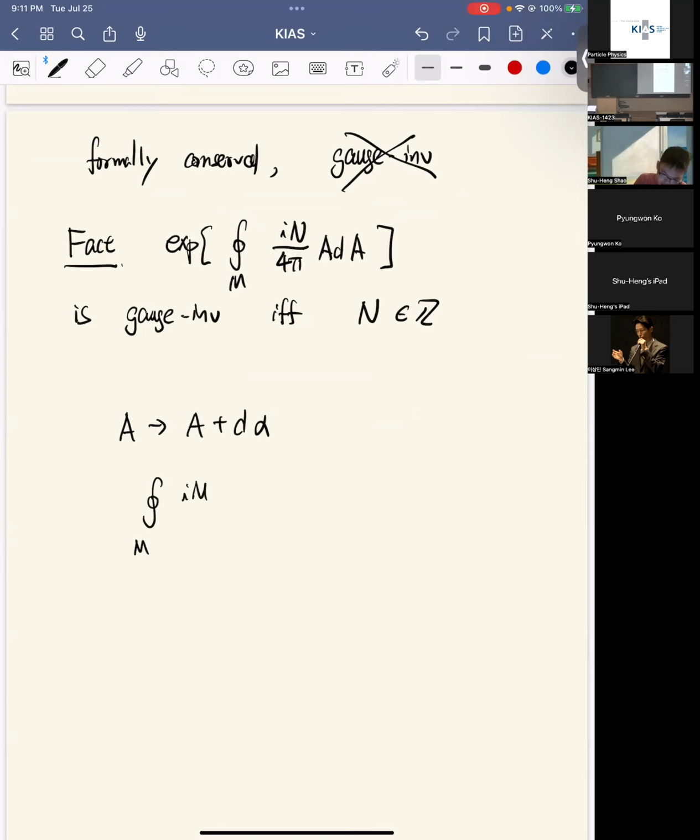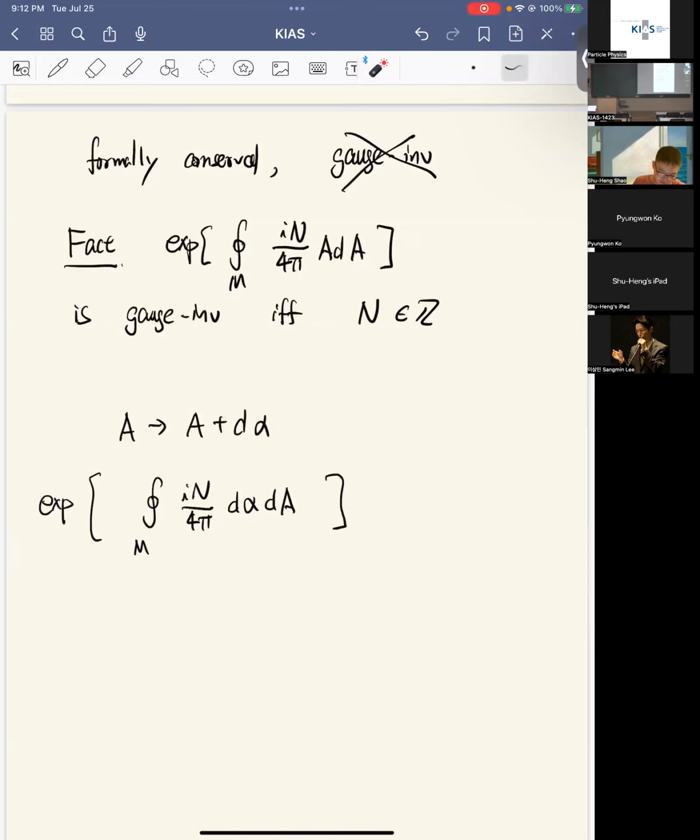Yes, I'm writing it down as you speak. And then we can use Stokes' theorem, and this can be rewritten as some surface integral, right? Naively, yes, but there's a mistake there, and let me explain.